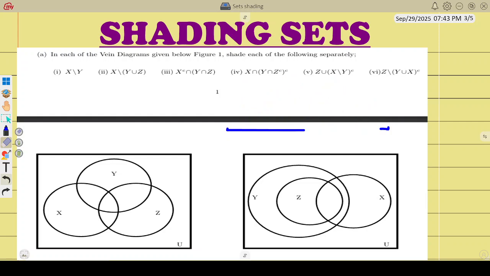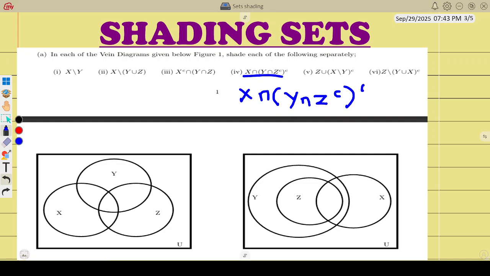And then there's also another kind of simplification. This one comes when you practice a lot. So on this one, in case it's not so clear, x intersection y, z complement.